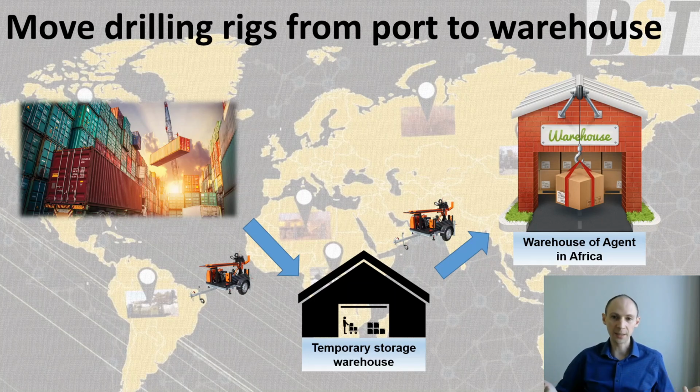And when you complete this customs clearance, they will give you the permission to take the drilling rigs from this temporary storage warehouse to your final permanent warehouse of agent in Africa, which will be the final stage of this transportation process.